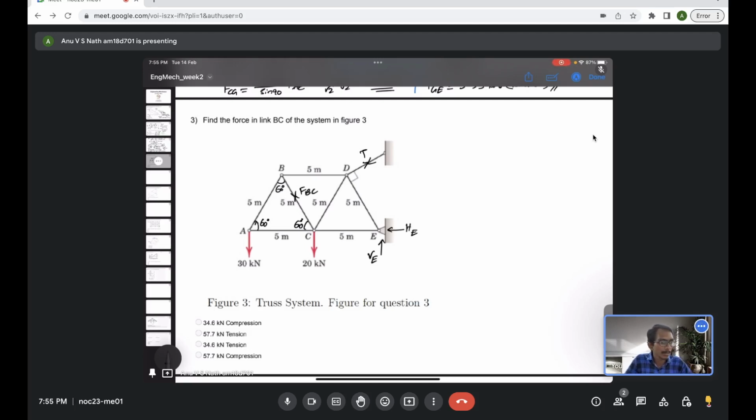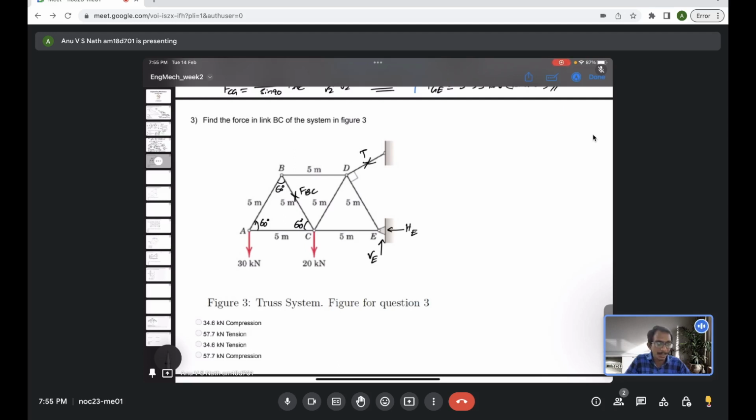So has anyone found the answer? So here also you could use only the method of joints.